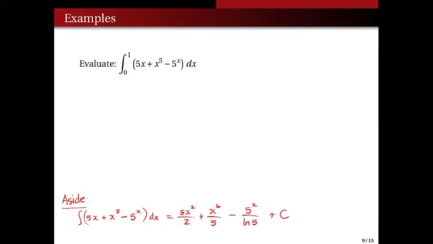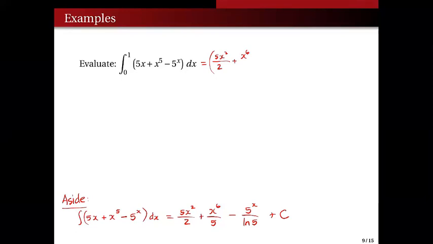And therefore, if we go back to the original problem, we can have c equals 0 and then just write this part and then evaluate from 0 to 1. So we have 5x squared over 2 plus x to the 6. I just noticed here, this should be over 6.